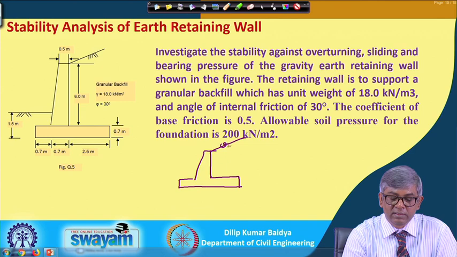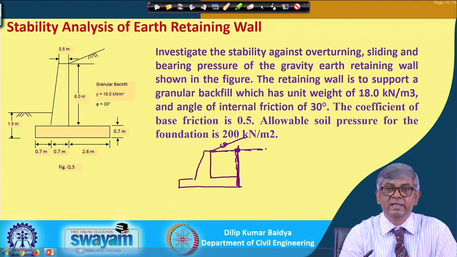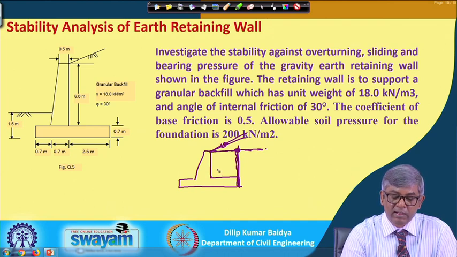Instead of that, I may give a horizontal backfill. In that case, your wall height will be only this much. You extend from here, and this will be the wall height. Wall height changes only when there is a level backfill. Here it was 6 and 0.7, so the wall height will be 6.7.